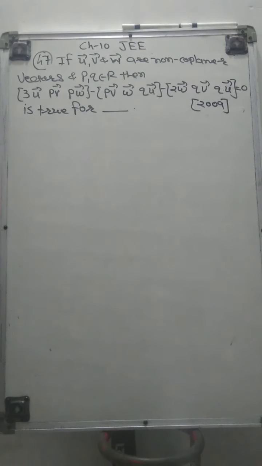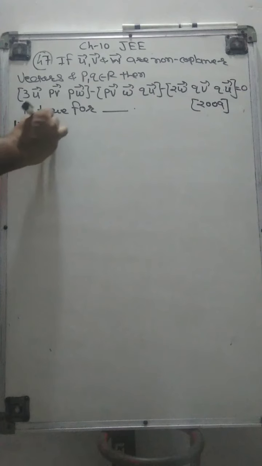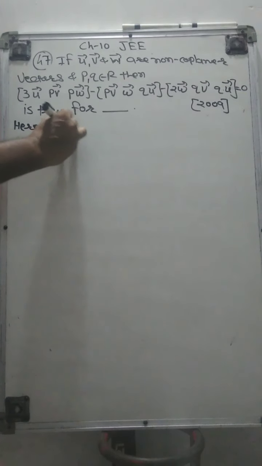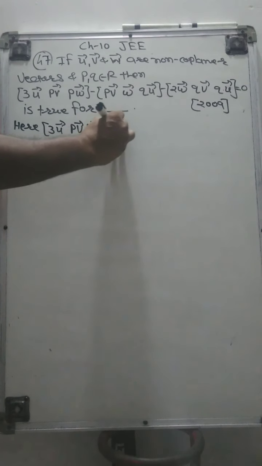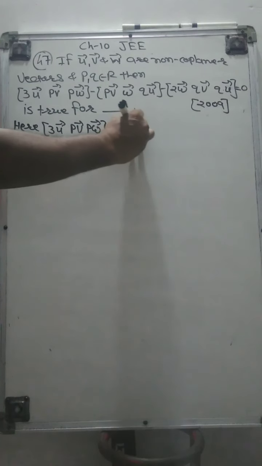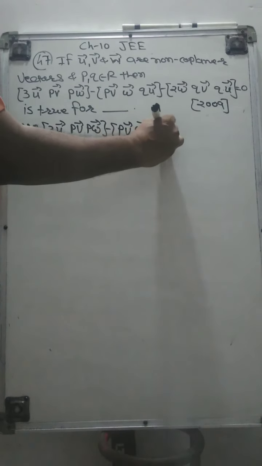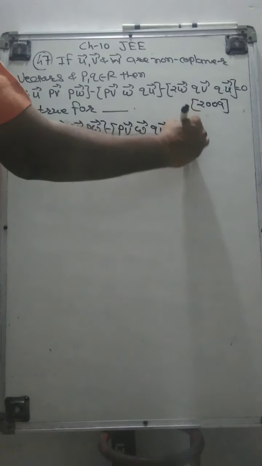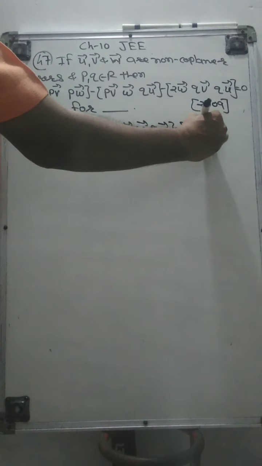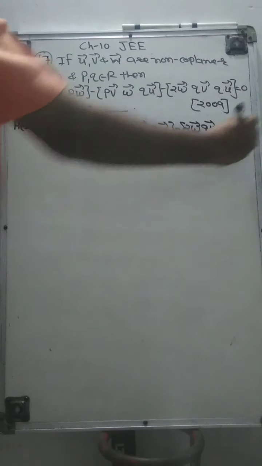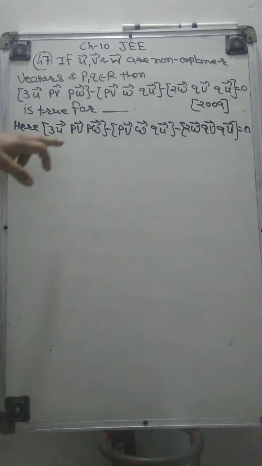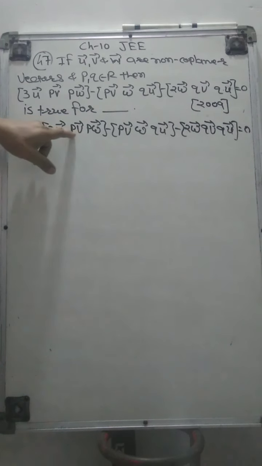So first of all here, [3U bar, pV bar, pW bar] minus [pV, W, qU] minus [2W bar, qV bar, qU bar] is equal to 0. Now we are taking p common from these two rows.